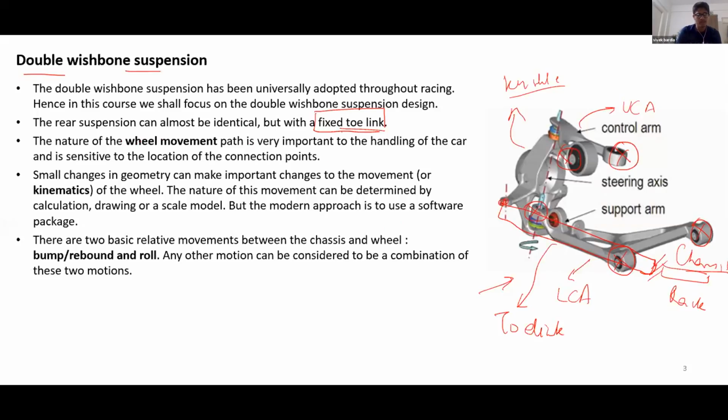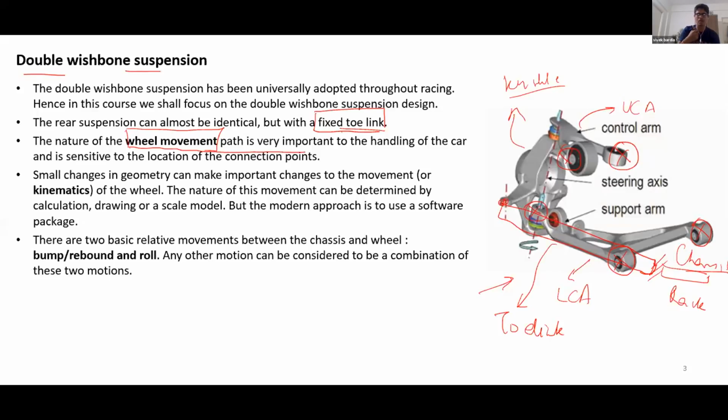The nature of wheel movement or path is very important in the handling behavior and sensitive to the location of the connection points. So when I say wheel movement, I'm talking about kinematics. Kinematics is again a different nomenclature for toe and camber behavior, of how the toe and camber of the wheel changes with suspension bounce and rebound movement, right?